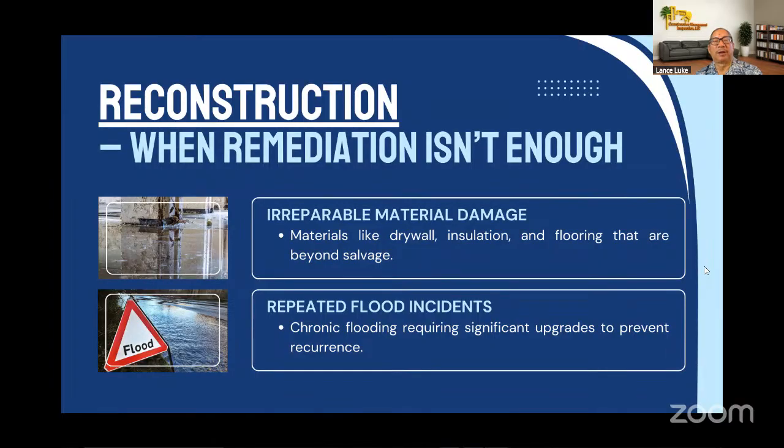Now, keep in mind that dependent on the age of the house, your home, regardless if it's an apartment building, a condo, a townhouse, or even an office building or any kind of building that sustains water damage, if the building was built before 1977, 1978, there's a chance that there could be asbestos in the drywall mud, the plaster.